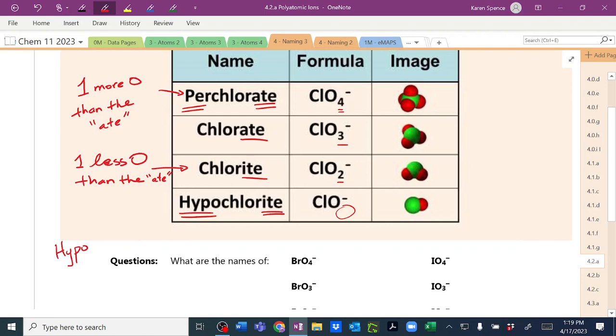Your temperature is too low. If you have a hypodermic needle, it goes under the dermis, which is the term for the skin. So hypodermic, under the skin. So hypo means under or below, or less than. And so it has one less oxygen than the -ite.